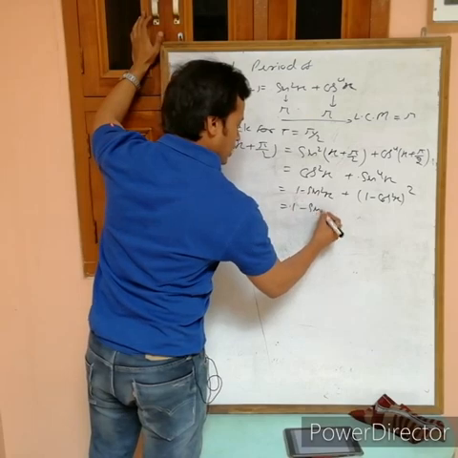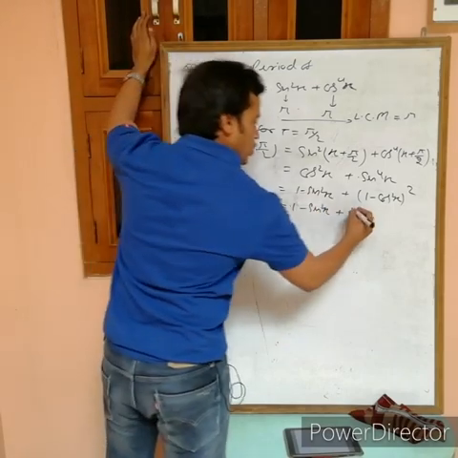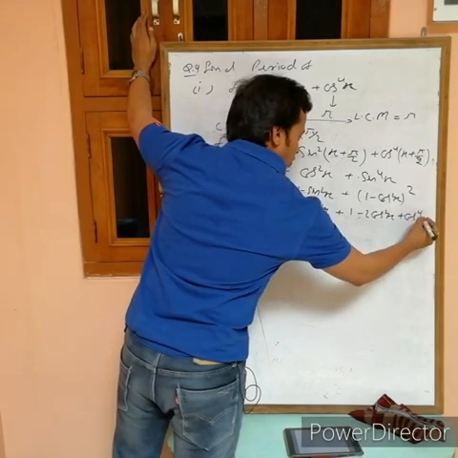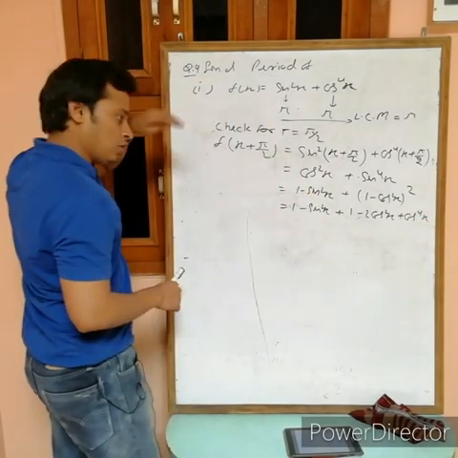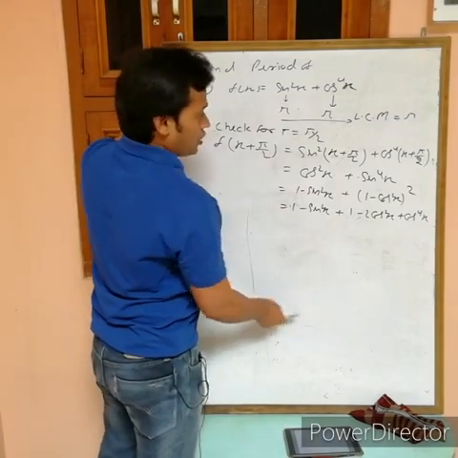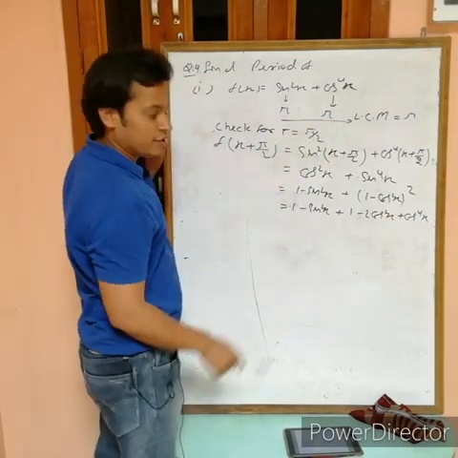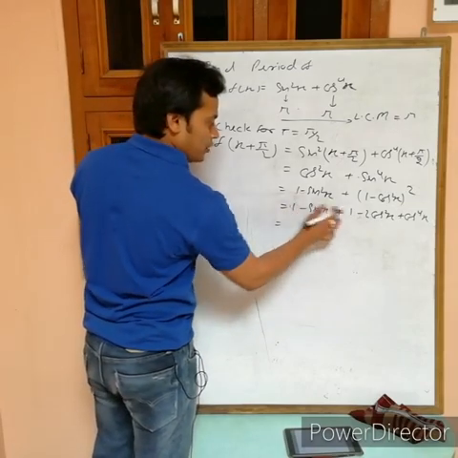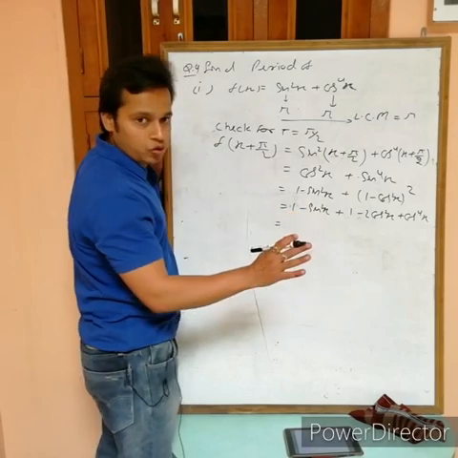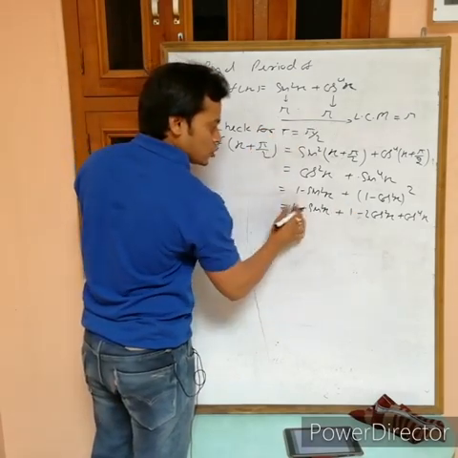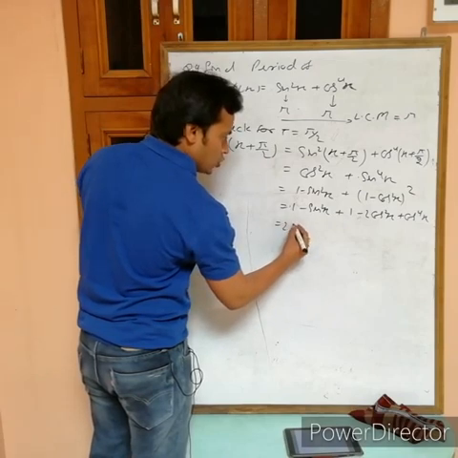1 minus sin square x plus 1 minus 2 cos square x plus cos power 4. Now after this one, what are we getting? Now cos power 4 we are getting, and I want this one in terms of sin. So how to solve? 1 plus 1 is 2, but we don't want 2, we want only sin square and cos square. So this 2 can be written as 2 cos square x.